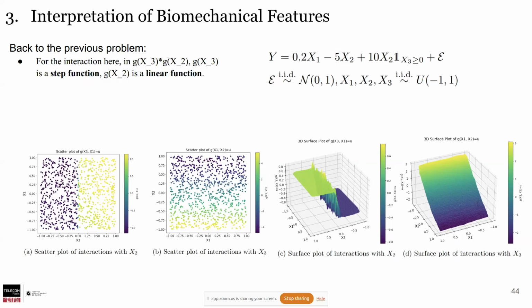For the left figure, we see that there is a step change along the value of x3, but no obvious tendency along the vertical axis, which is x1. For x2, in the second plot, we see some tendency, which is better visualized in the figure at the right side, which shows a linear relationship with x2.